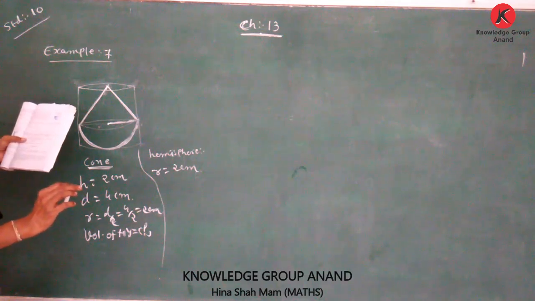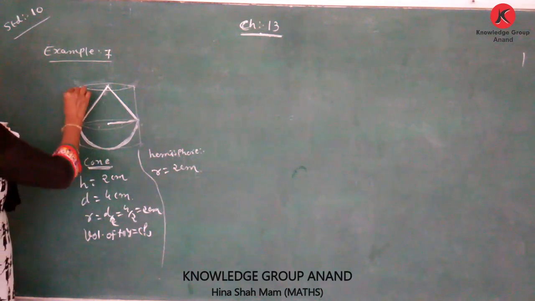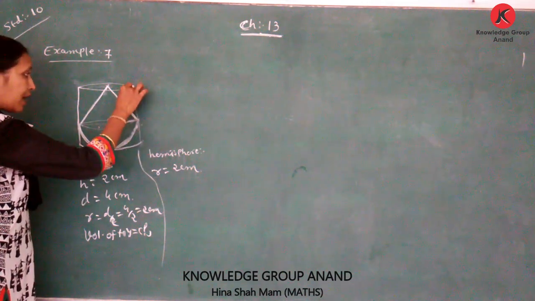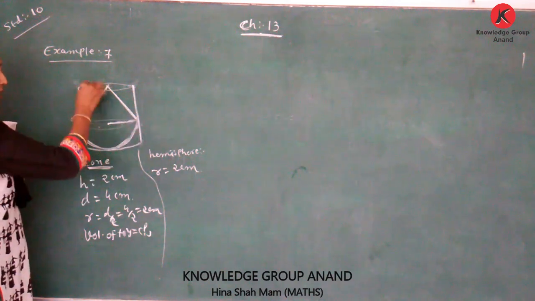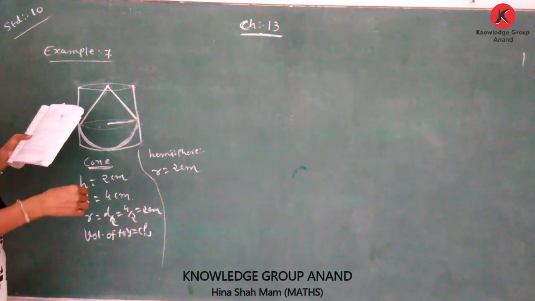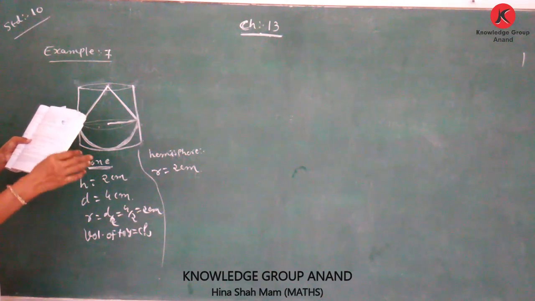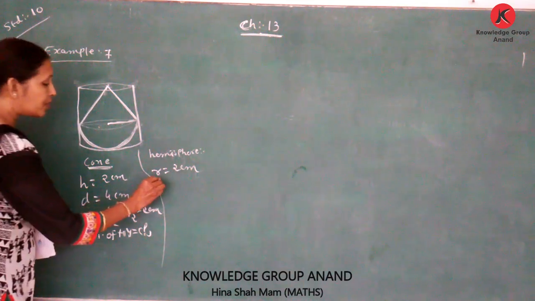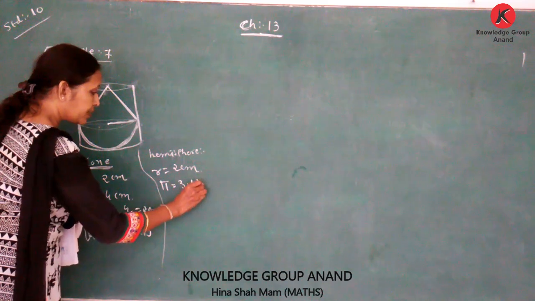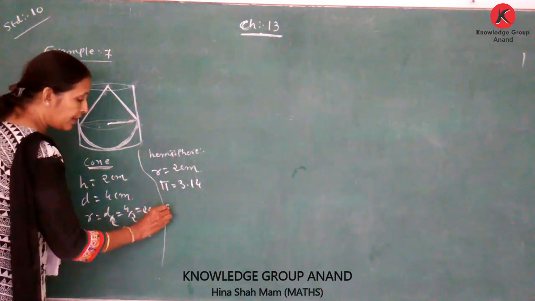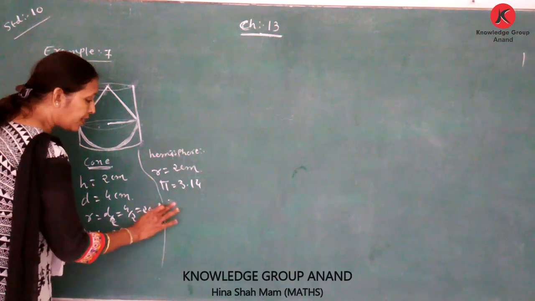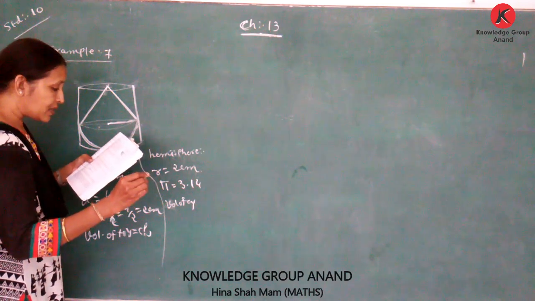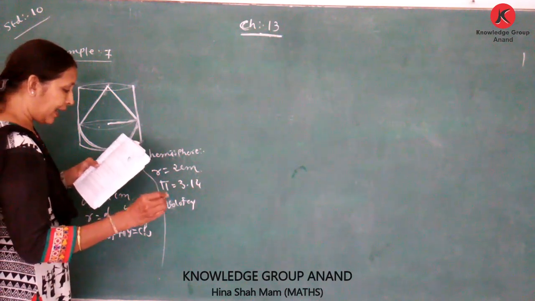If a right circular cylinder circumscribes the toy, that means it covers the toy on the outside. Find the difference of the volume of the cylinder and the toy.